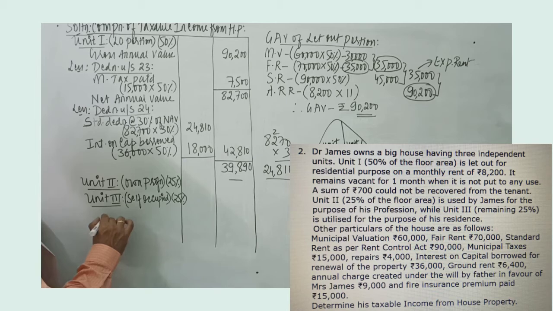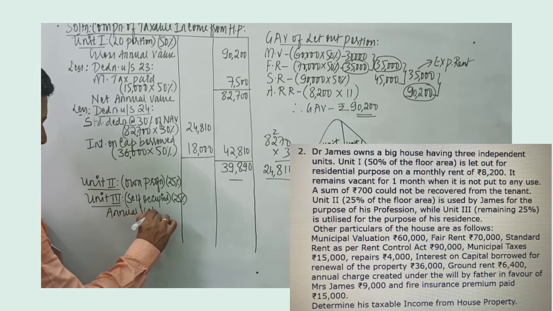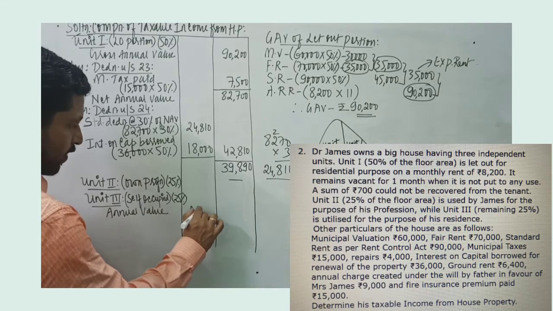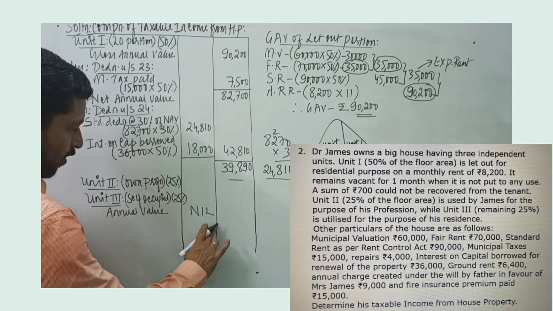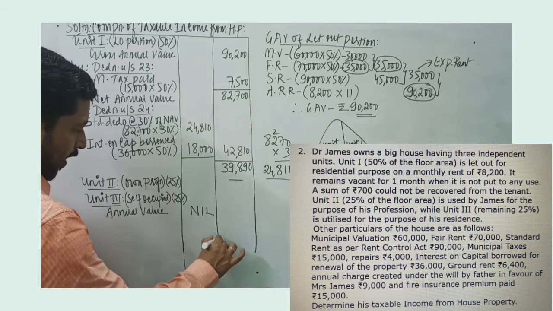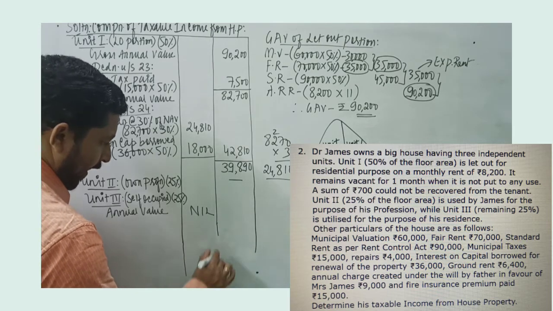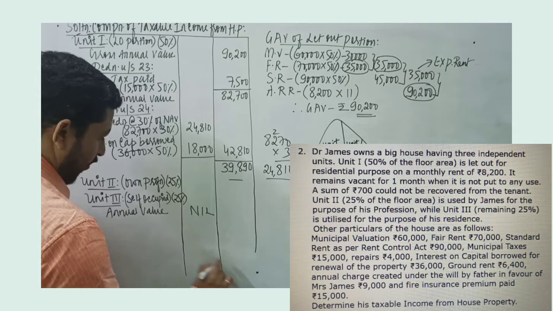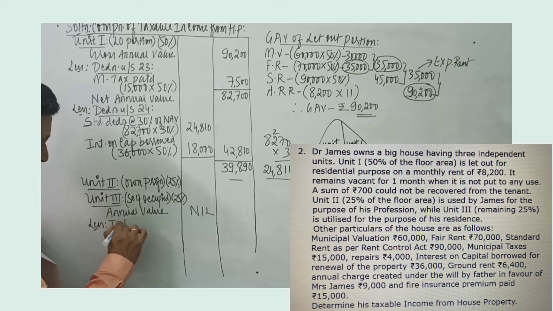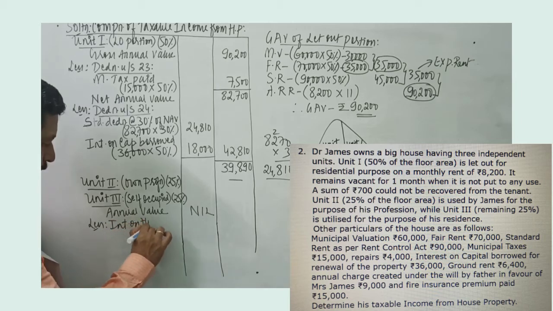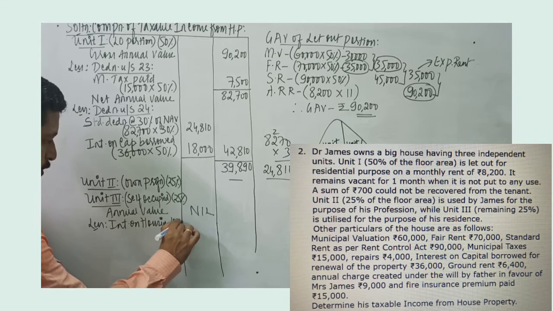And we know very clearly that the annual value of a self-occupied portion is always nil. And we have only one deduction from the self-occupied part, and that is interest on housing loan.